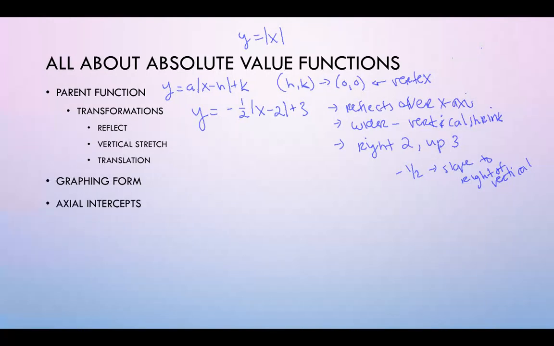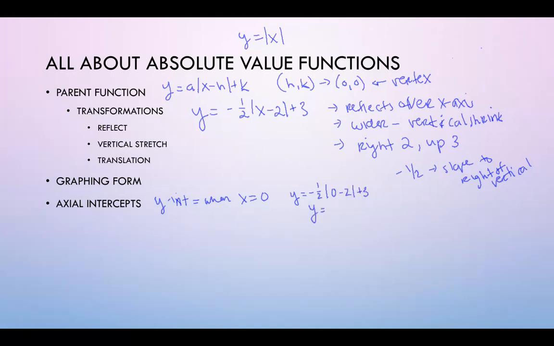Graphing form, the axial intercepts, right? So your y-intercept happens when x equals 0. So just paying attention to the fact that an absolute value always equals a positive value. It is absolute value. It's like distance from 0. So if I had this one, I would just be doing y equals negative 1/2 times the absolute value of 0 minus 2, plus 3.